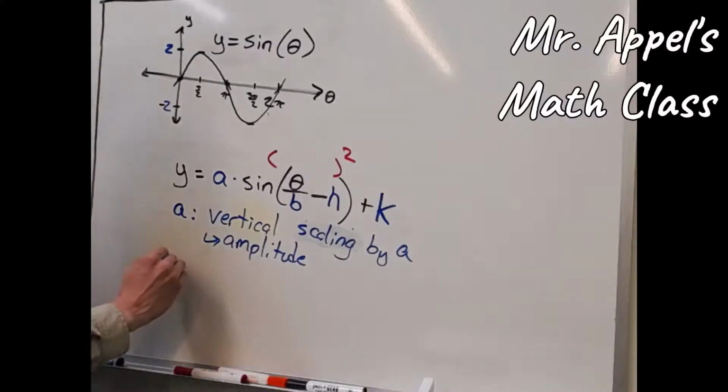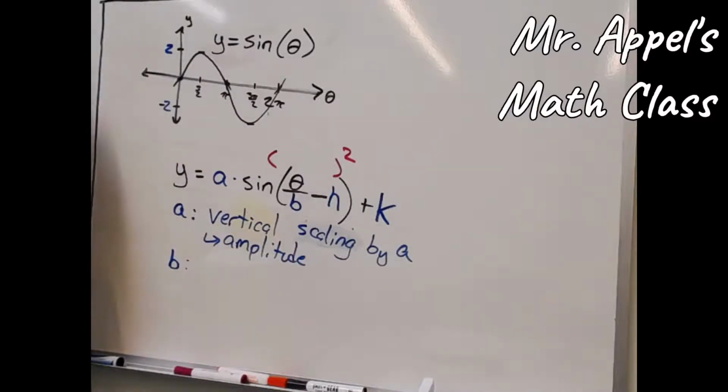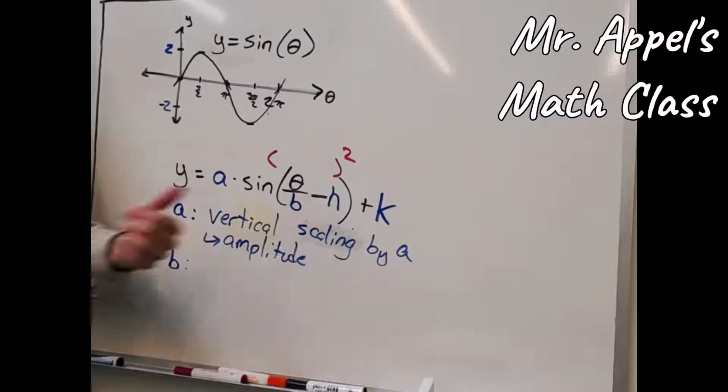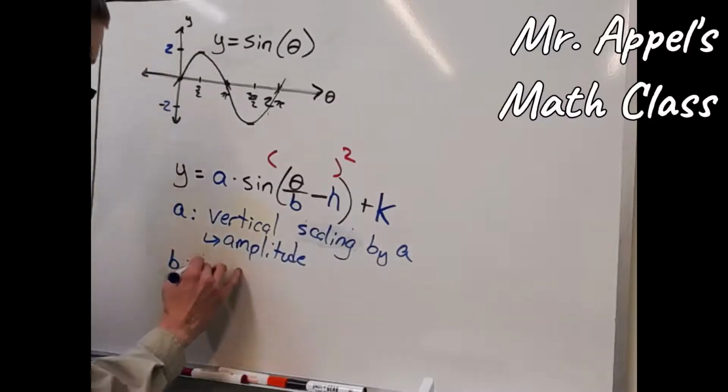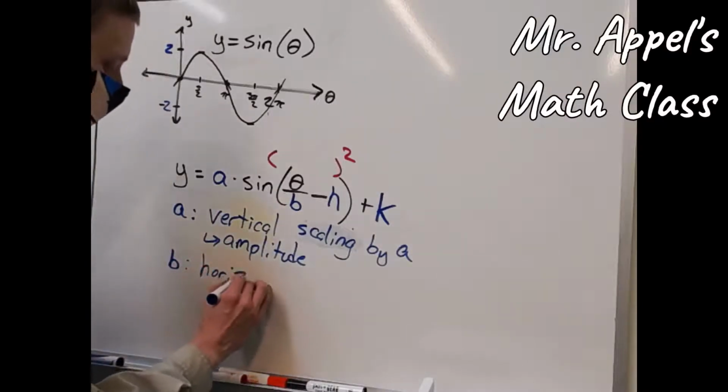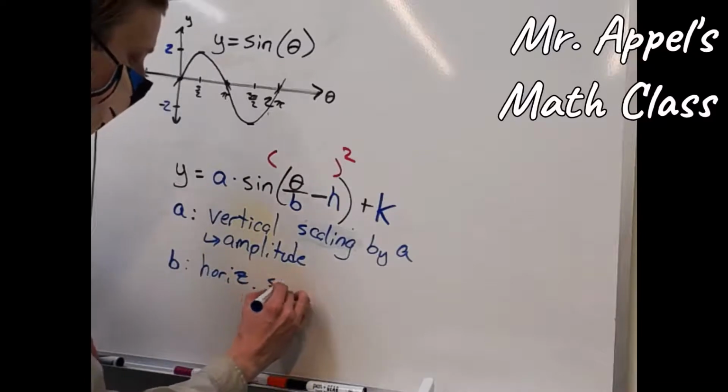So what is b going to do? If a was the vertical scaling, b is going to be inside the parentheses, horizontal. Everything inside is horizontal. Everything outside is vertical.